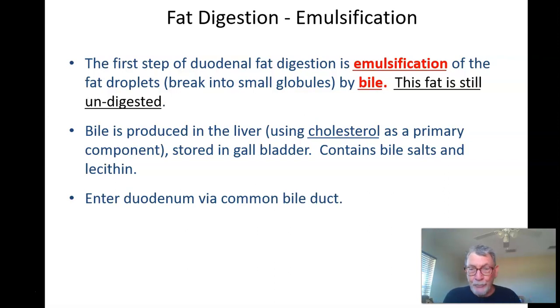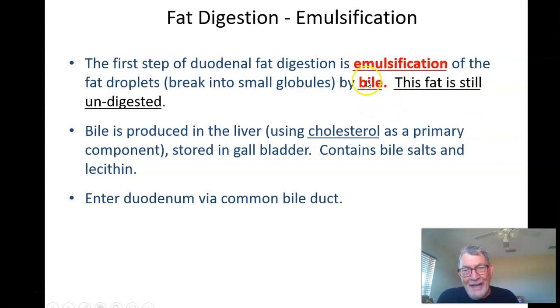They're not digested yet, but they are broken into such small pieces that can now float around in your intestine that your pancreatic lipase can get to it to digest it. And the product that causes this emulsification is bile.